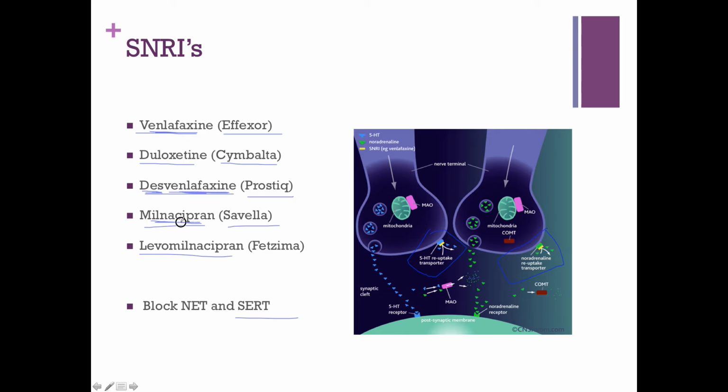Levomilnacipran, look at that, milnacipran, same thing, little something added, is Fetzima. So these are going to block serotonin and norepinephrine. So it's going to increase norepi levels in the cleft and serotonin levels in the cleft. Both of those will be higher, more binding interactions, and hopefully changes now to mood, appetite, sleep, and also alertness and cognition.